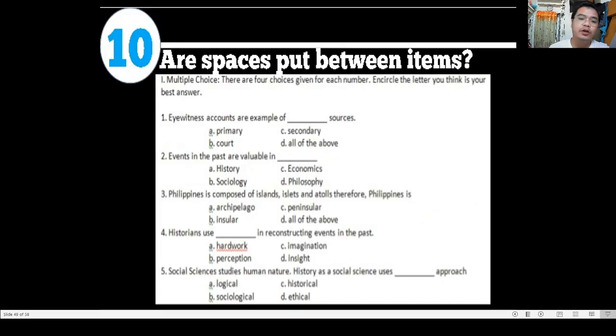By the way, how many options can we have in our multiple choice item? In elementary grades, it is traditionally three options. In high school, four options.